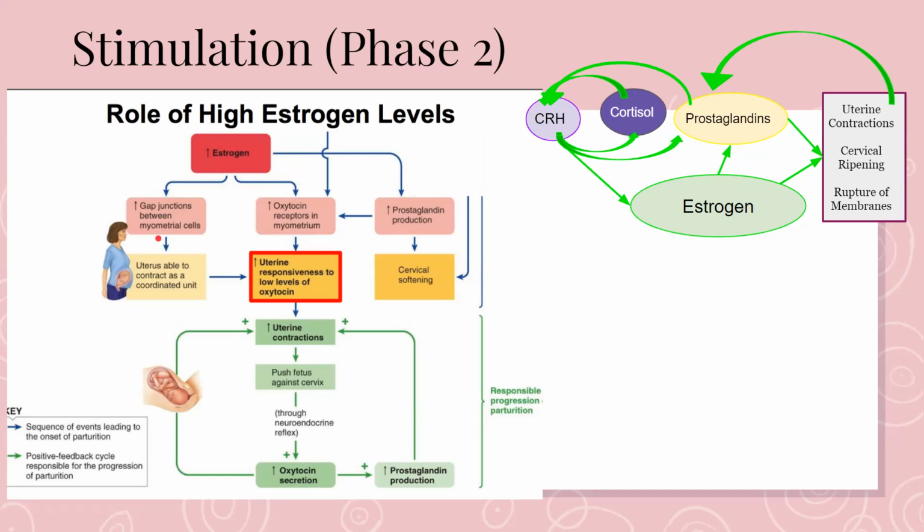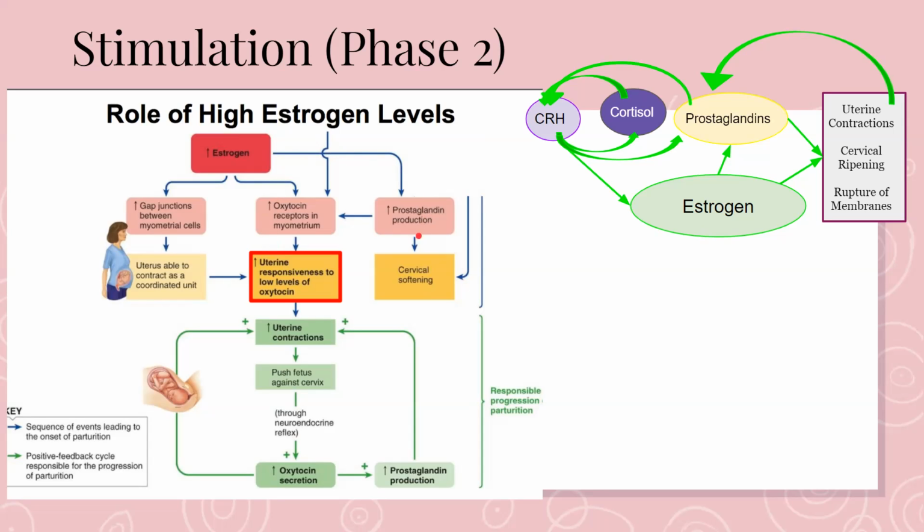And what this means is that even if our uterus has receptors to contract, whenever oxytocin binds to the receptors, we need the muscle to contract in coordinated ways. And so these gap junctions allow the uterus to contract as a coordinated unit. So false labor is not coordinated, those are like practice contractions. And so estrogen helps with both of these.